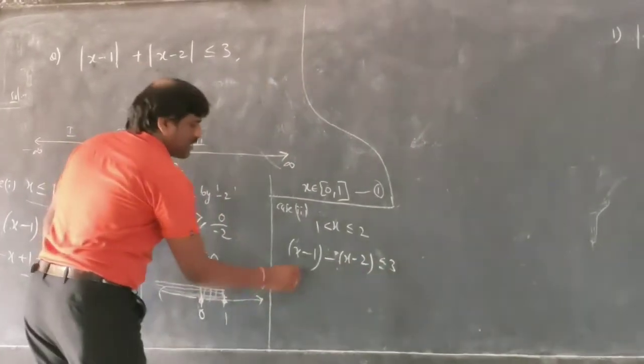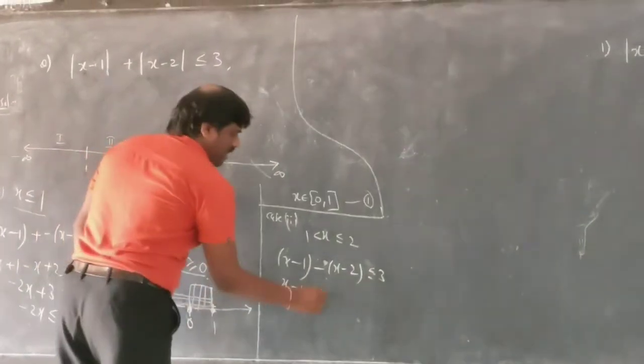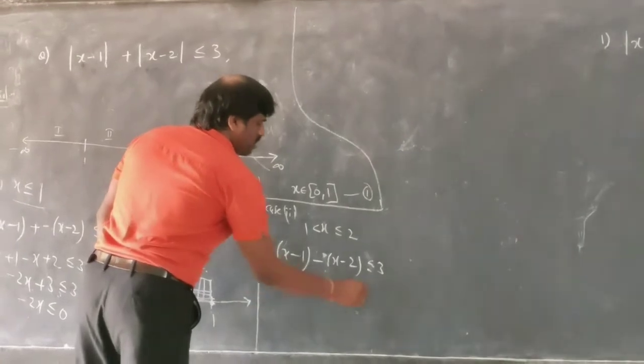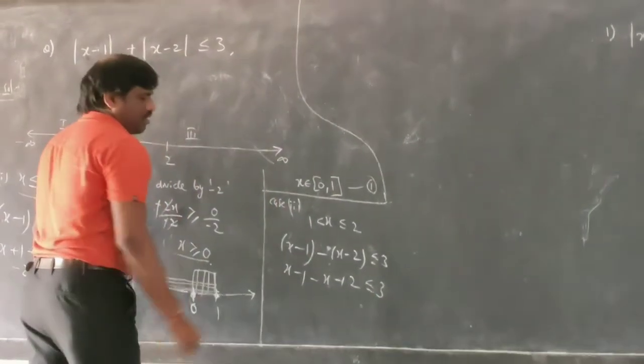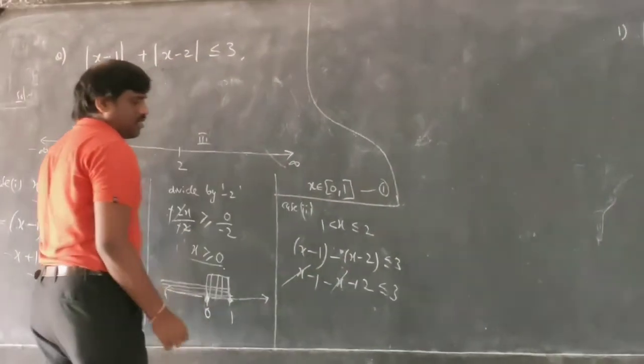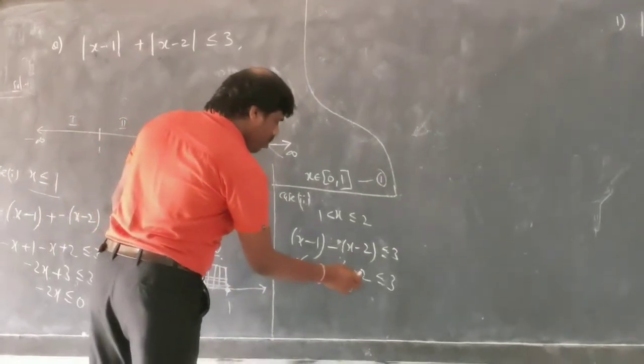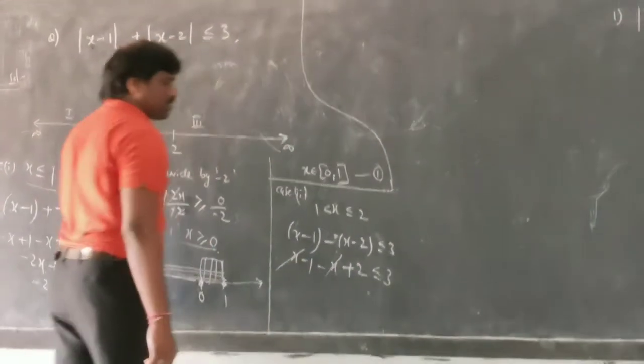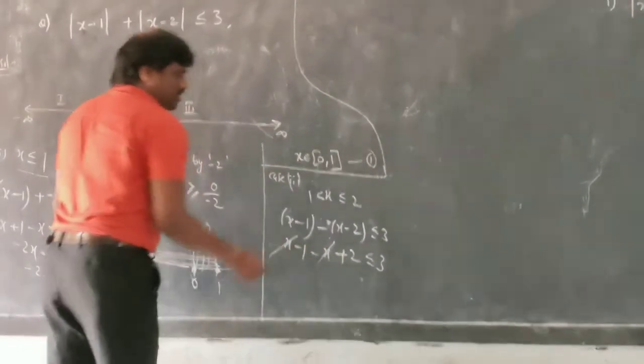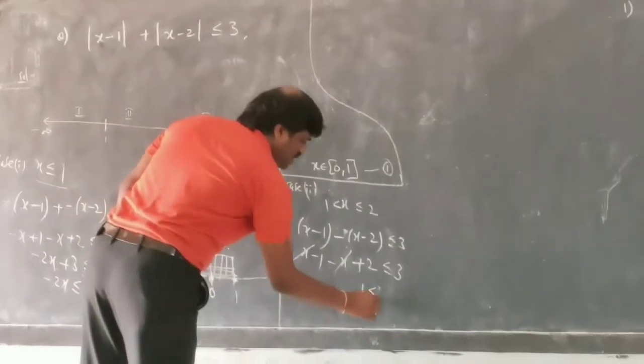So I can write x minus 1 minus x plus 2 less than or equal to 3. The x cancels out, and 2 minus 1 is 1. Is 1 less than 3?